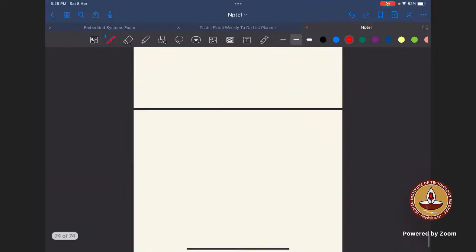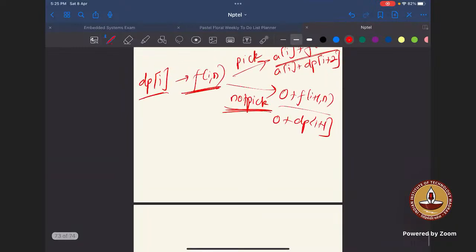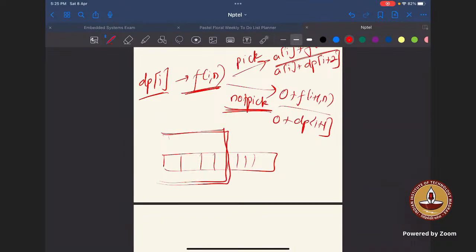Right. So what we are doing is we are considering this array, and we are assuming that till here we know the answer. Till here we know the maximum answer.